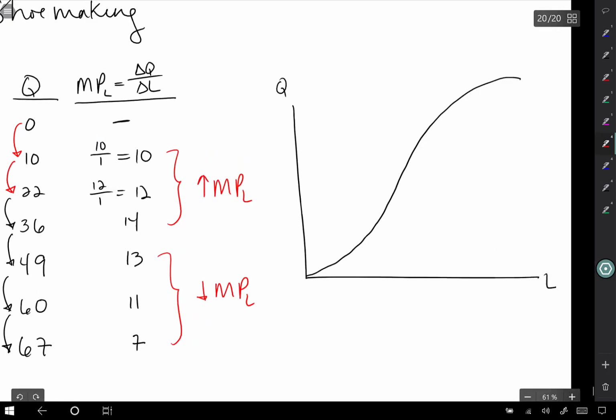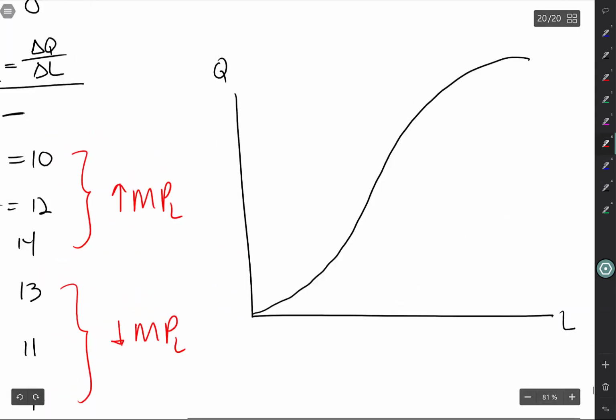Let me focus on this. For those first few units of labor, output is increasing at the margin. Delta Q, the vertical arrow, is increasing. It's getting bigger.